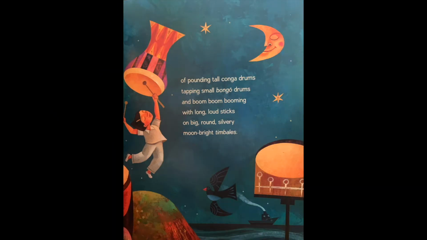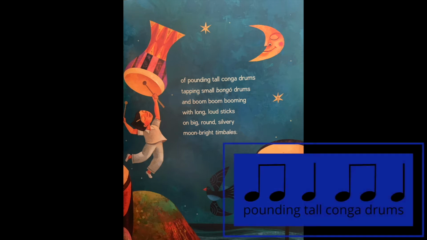She dreamed of pounding tall conga drums, tapping small bongo drums, and boom, boom, booming with long, loud sticks on big, round, silvery, moon-bright timbales. So let's play some of these words. We'll start with pounding tall conga drums. Ready, go. Pounding tall conga drums.